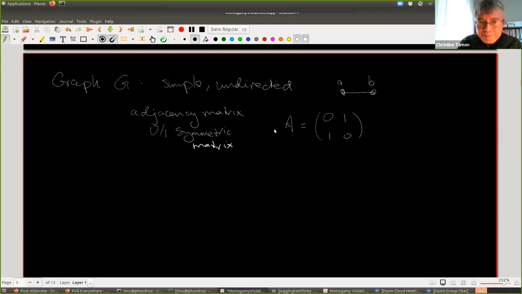Okay. Right. So this is typically a real symmetric matrix that we play with, and what we'd like to look at is a process called continuous time quantum walk.